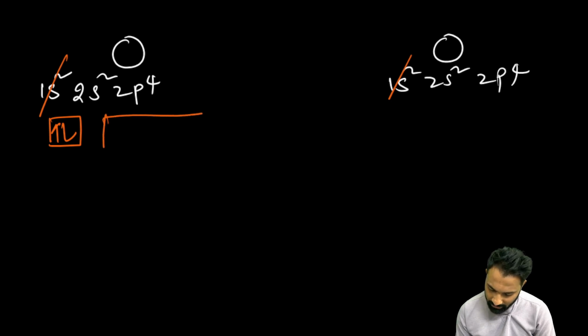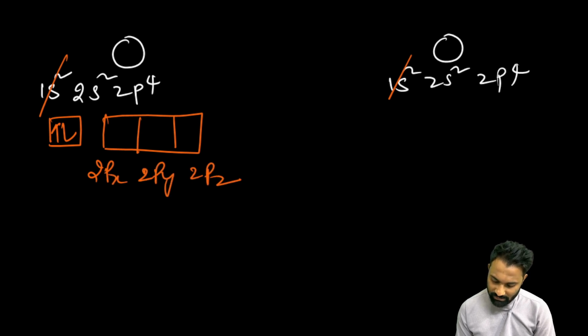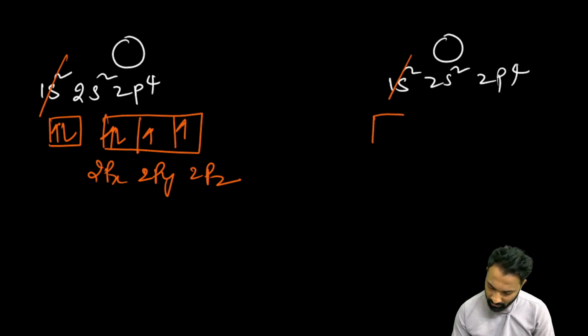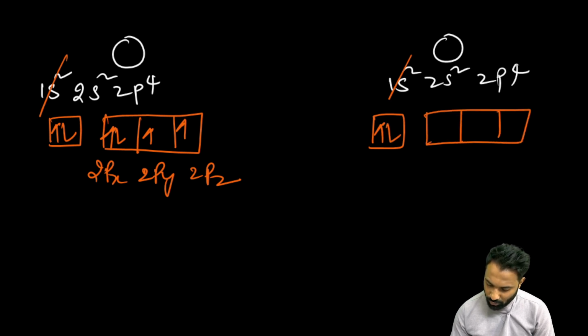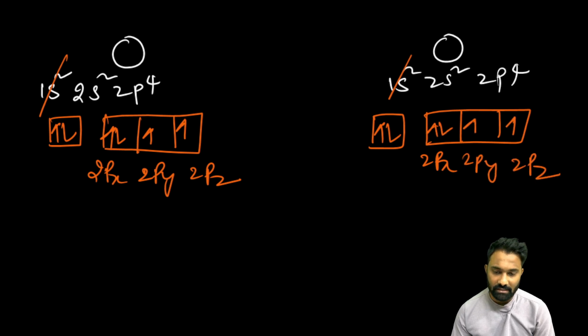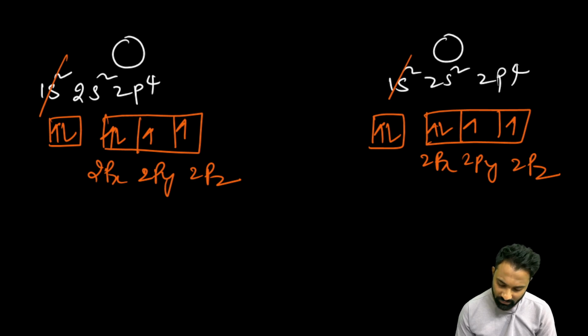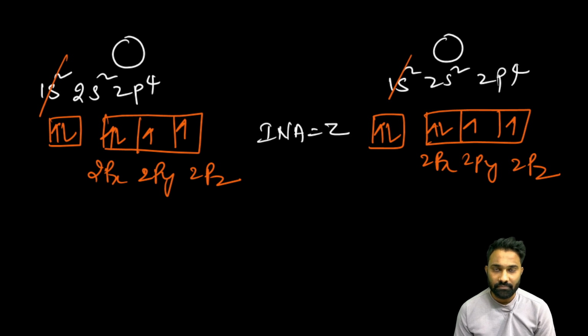For the p orbital, take 2px, 2py and 2pz: in 2px we have 2 electrons, and in 2py and 2pz we have 1 electron each. Again here 2s, next 2px with 2 electrons, 2py and 2pz. Now I was considering the internuclear axis as Z.